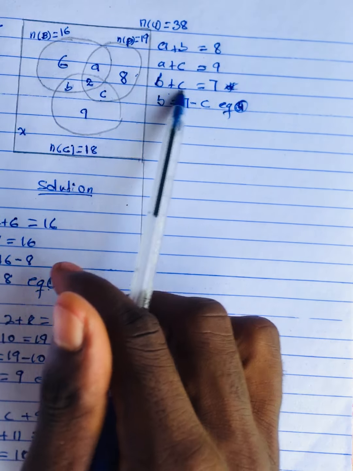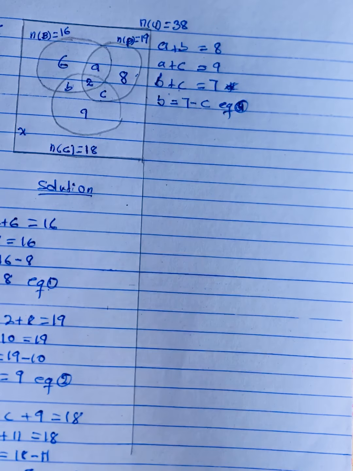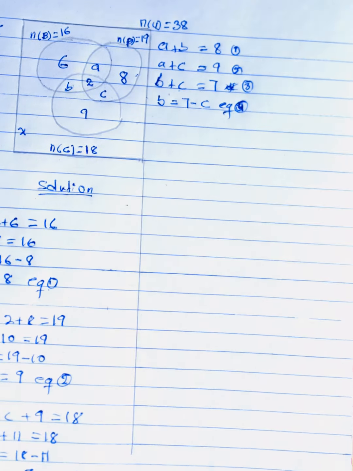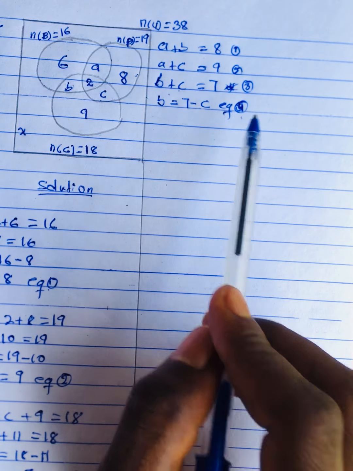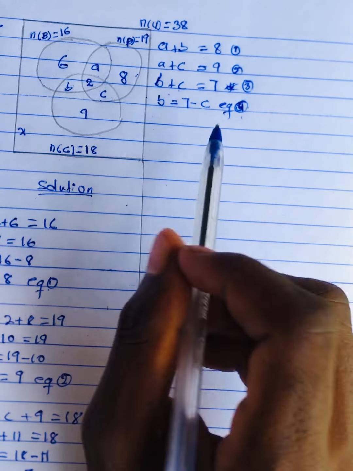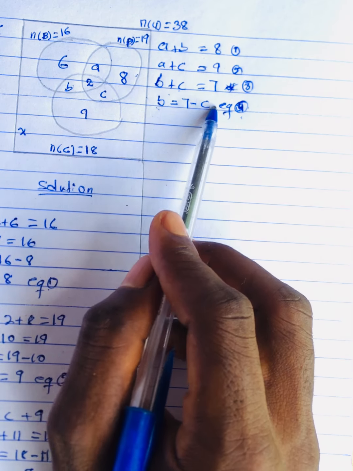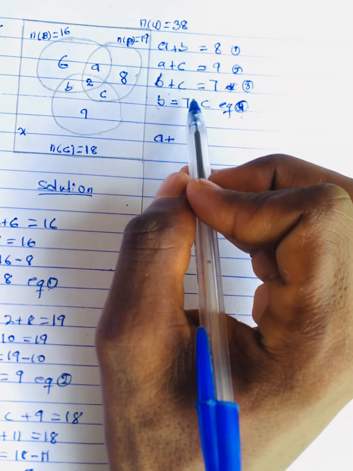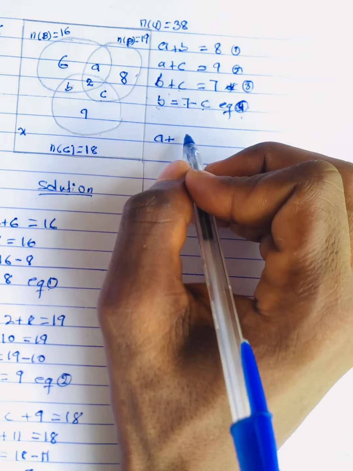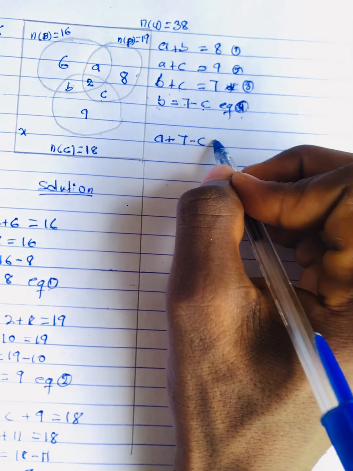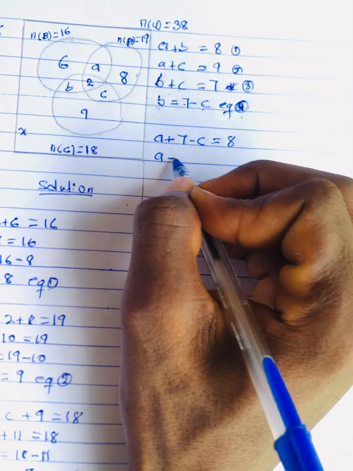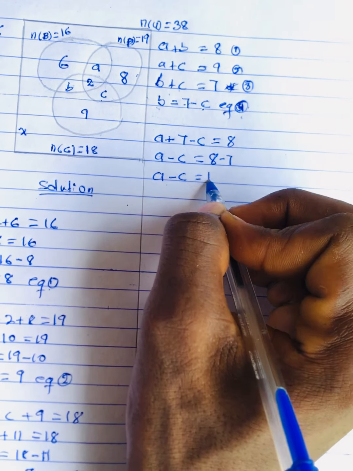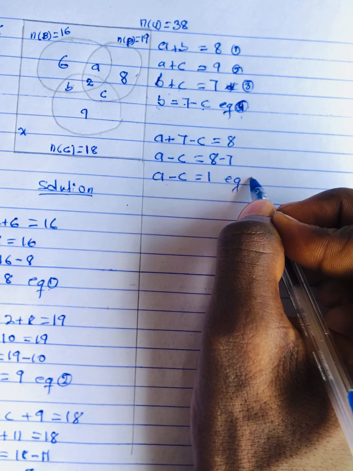Let's substitute equation 4 into equation 1. Whenever we see B, we put the value of B. So we have A plus 7 minus C is equal to 8. So A minus C is equal to 8 minus 7. A minus C is equal to 1. This is our equation 5.